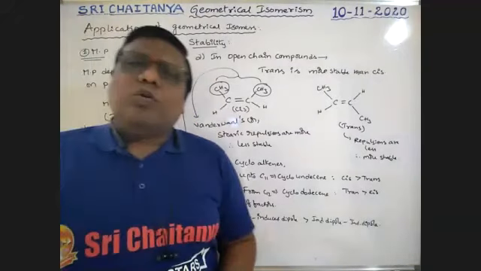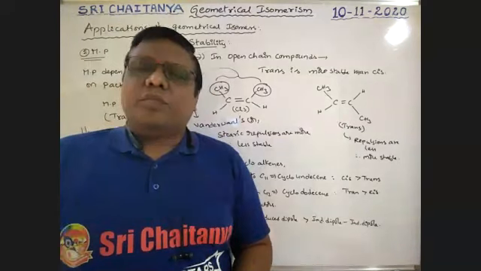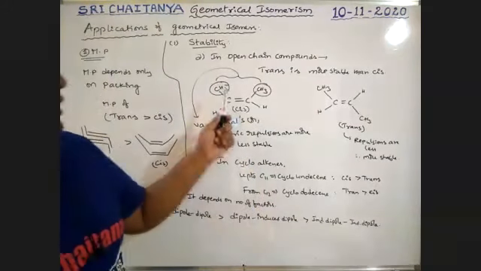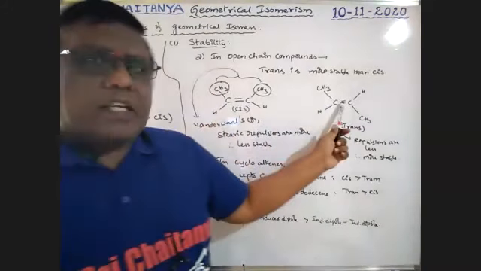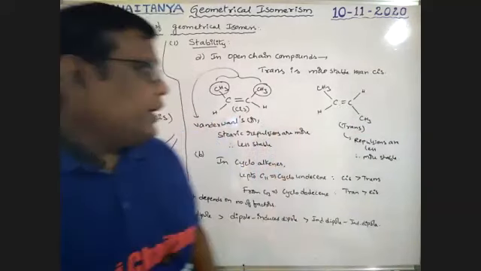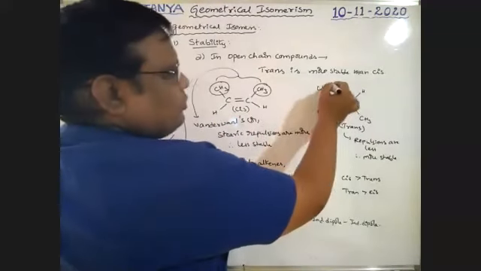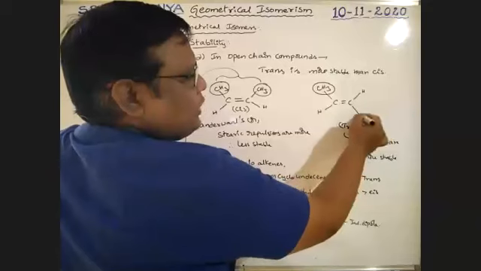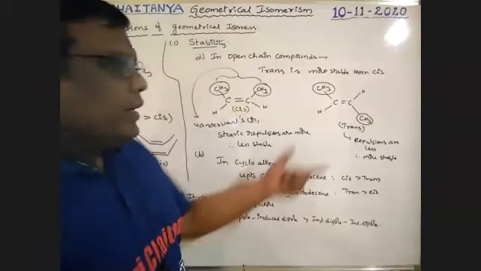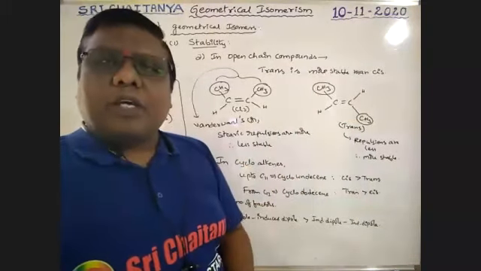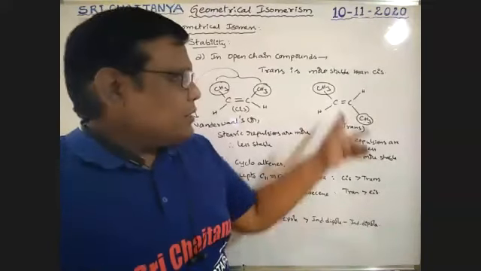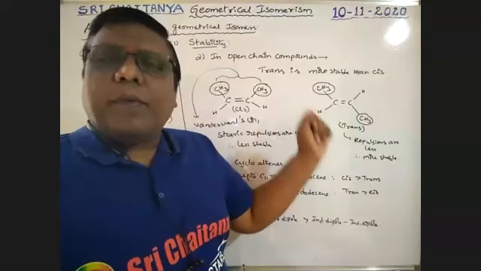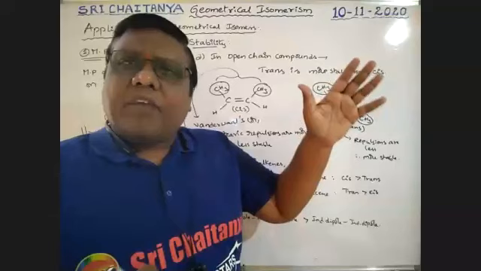Stability. How to explain the stability of these molecules? Boys, this is a cis compound, this is a trans compound. See here, in the trans compound, the similar groups are on opposite sides. That means between these two, repulsions are very, very minimum because they are apart from each other.